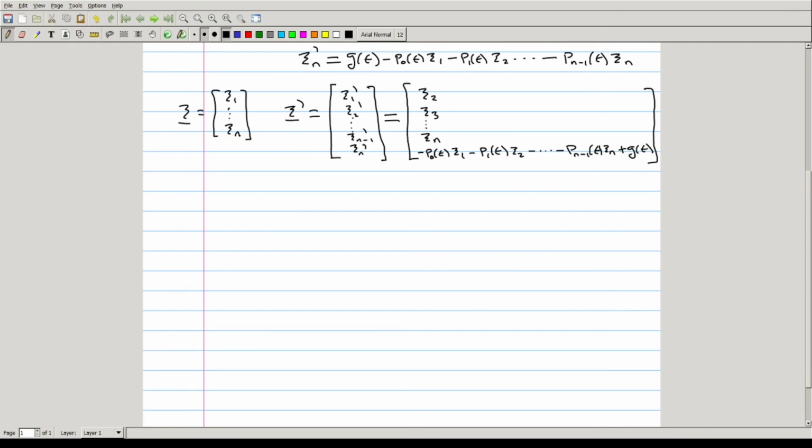Which means then, if we rewrite this a little bit using what we know about matrix multiplication and matrix addition, this is the same thing as xi prime being equal to the matrix with zeros in the first column until we hit the function negative p naught of t.